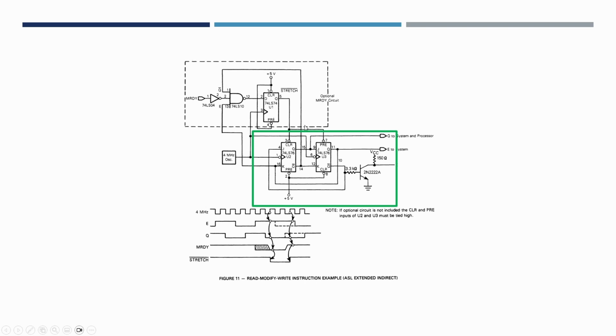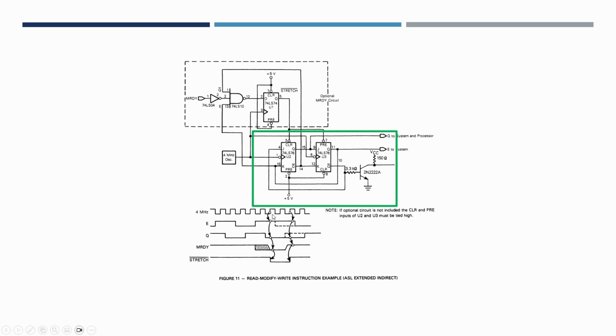But this circuit up here is what we're going to need to add, and that's basically another flip-flop with a NAND gate and an inverter. When the MRDY signal is high, everything operates as normal. When MRDY goes low, it will extend the bus cycle for the E by a number of clock cycles.